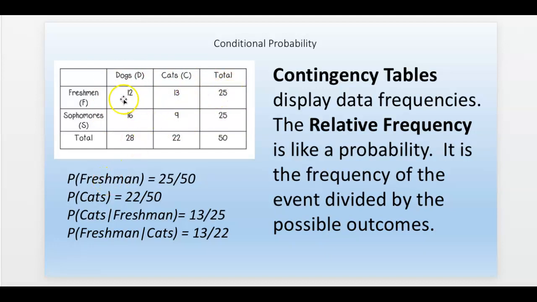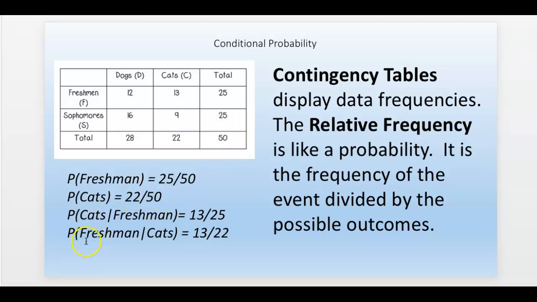Well, look at the totals. There's 25 freshmen and 50 total students. So that's 25 over 50. The same if what's the probability we select a student and they happen to own a cat? Well, just look at the totals. 22 students own a cat divided by 50 total students.